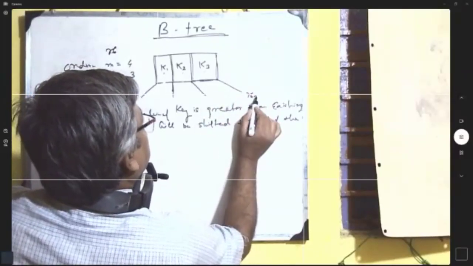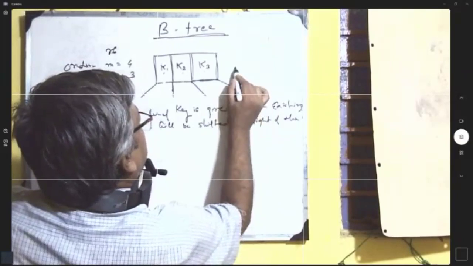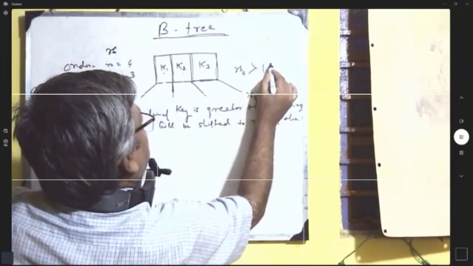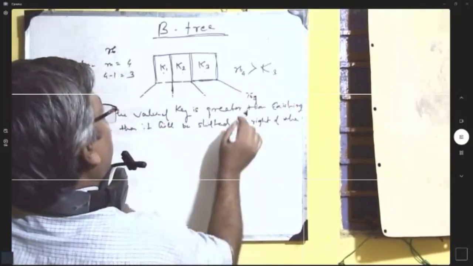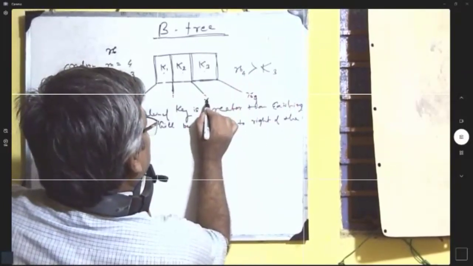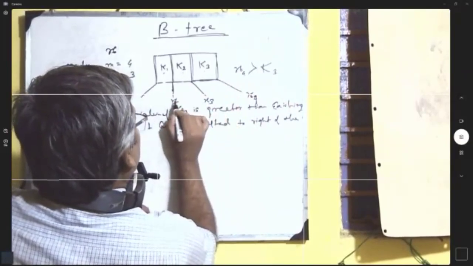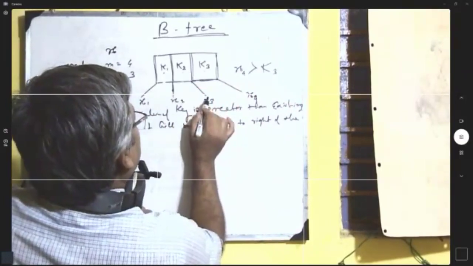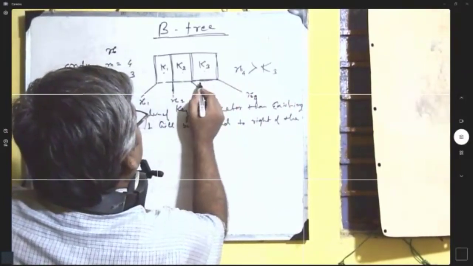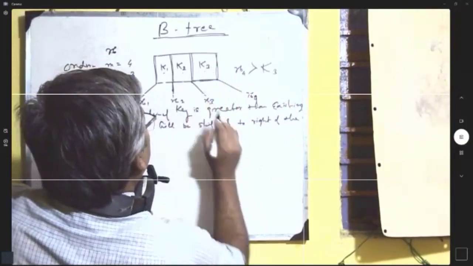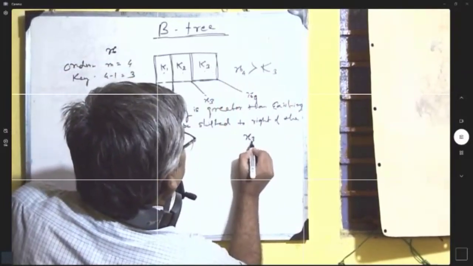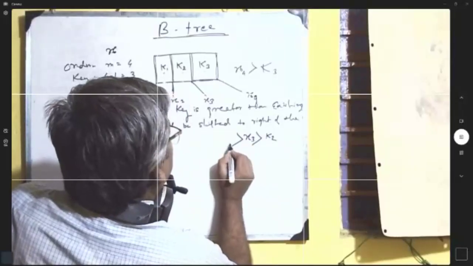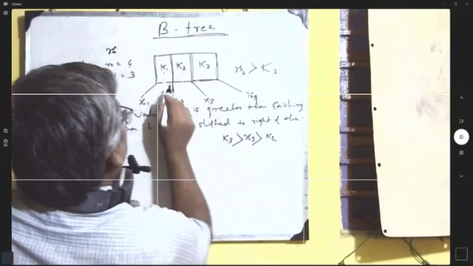The value of X3 is greater than K2 and less than K3.